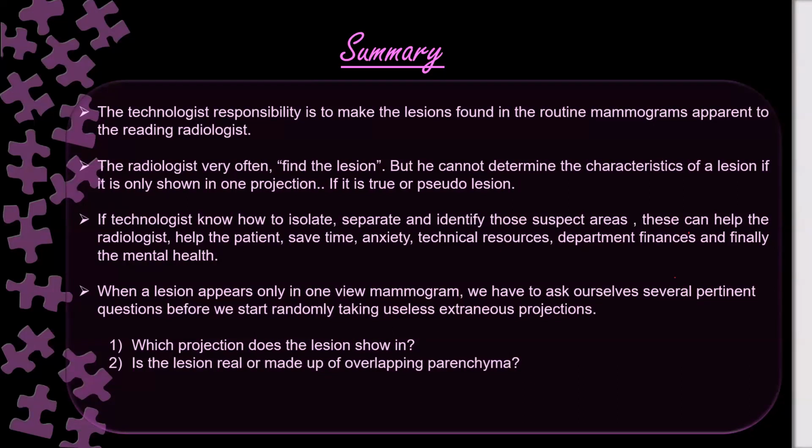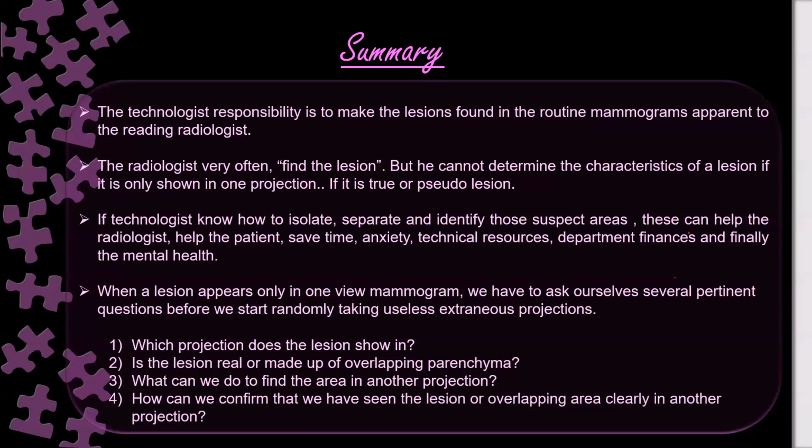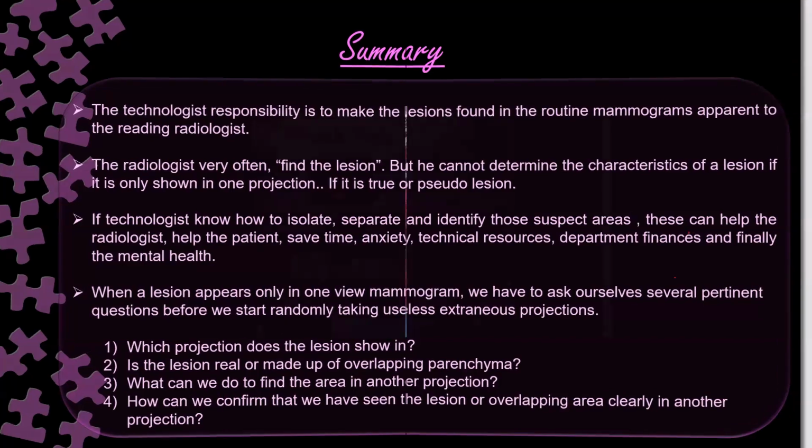Is it a true or a pseudo lesion? What can we do to find that area in other projections? As we said, the breast is unique and case management differs from case to case. And how can we confirm that we have seen the lesion or overlying area clearly in other projections?